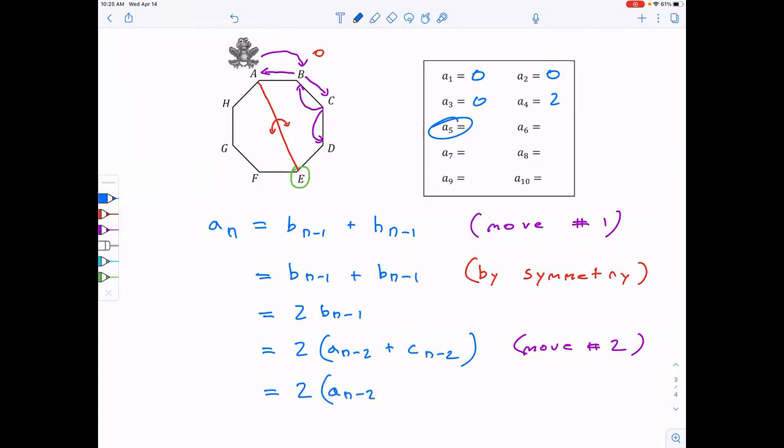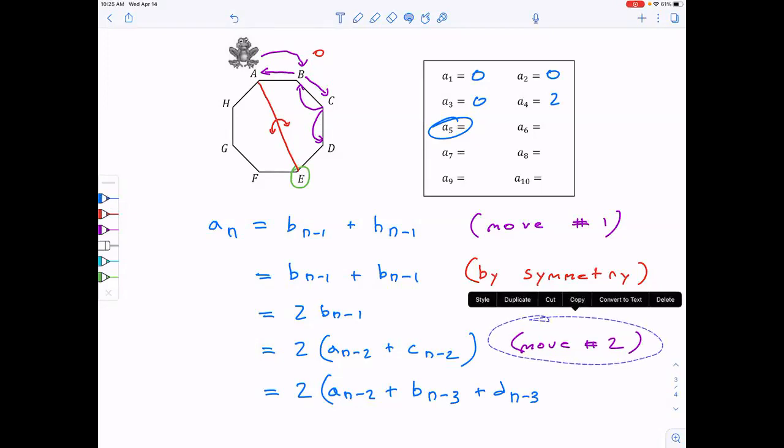I don't need to mess with the A anymore. The A is really good. We're happy with it. The C can change to using 3 moves, going back to B, or using 3 moves and going towards D. Okay, so this is move number 3.